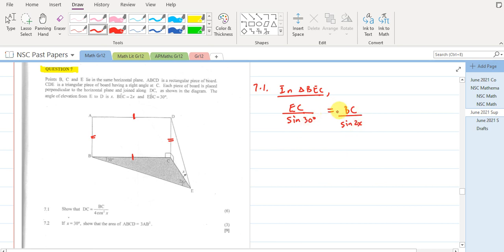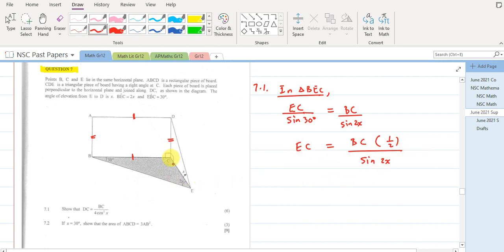Now we can make EC the subject of the formula and take sine 30 across. So we have EC is equal to BC times sine of 30, which is half, over sine 2x. So that's what EC is.